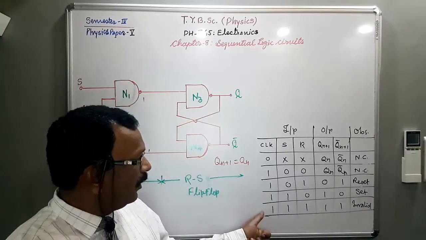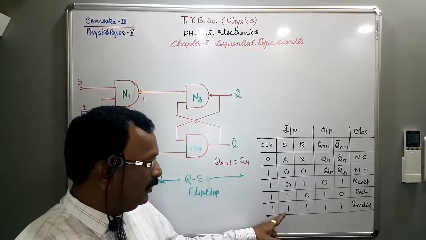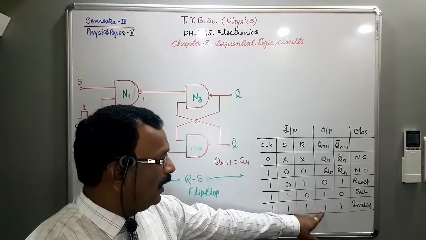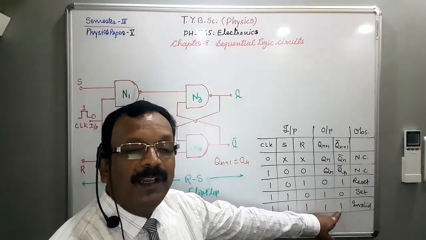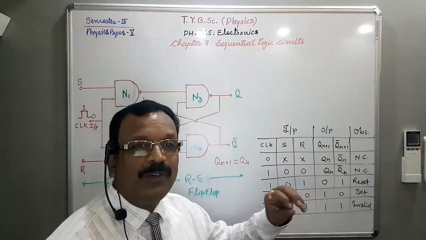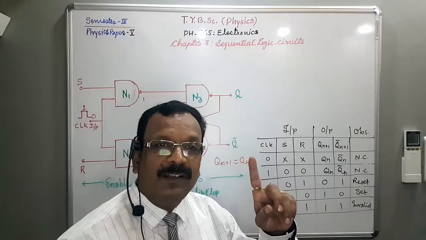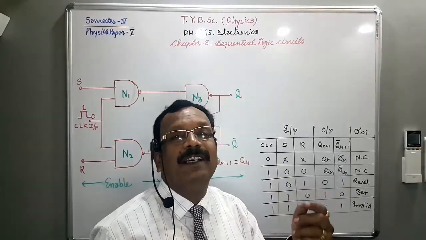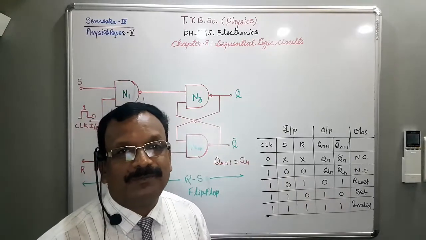And when the clock pulse is 1, S is equal to 1 and R is equal to 1, both Qn is equal to 1 and Qn bar is equal to 1, and this is meaningless. This is absurd, because we know when Q is equal to 1, at that time Q bar must be 0, and when Q is equal to 0, Q bar must be 1.